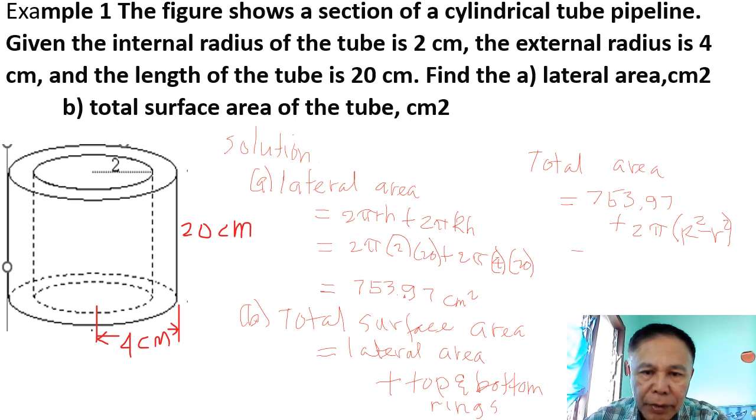So this is equivalent to 753.97 plus 2 pi times, you have 4 square minus 2 square, equivalent to 829.37 centimeter square.